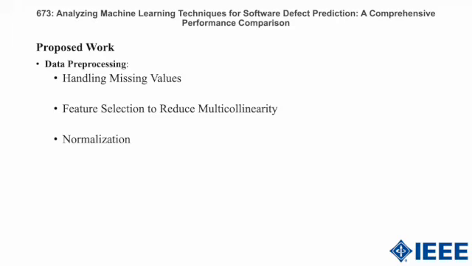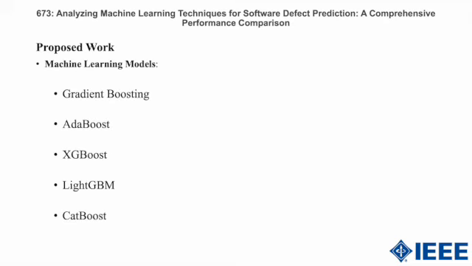Feature selection has been applied, and finally normalization has been applied in the data pre-processing. Once the data is ready for the next step, it has been given to these models separately. First gradient boost has been applied, and the results were taken and saved separately, and then ADA boost, and similarly for the remaining methods.